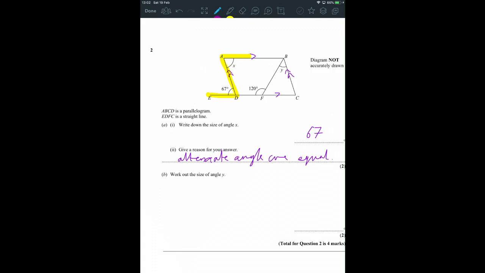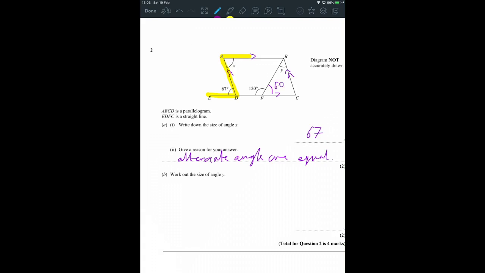Work out the size of angle Y. We haven't been told anything yet about B to F. So although it might look like BFC is isosceles, if we haven't been told it, we can't assume it. I can work out the angle on the other side of F.